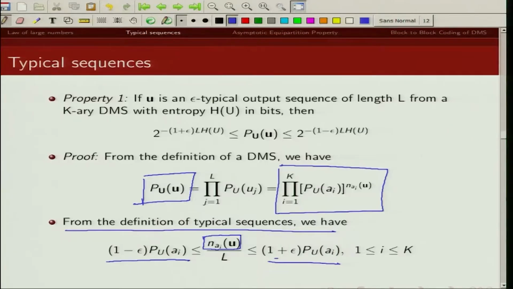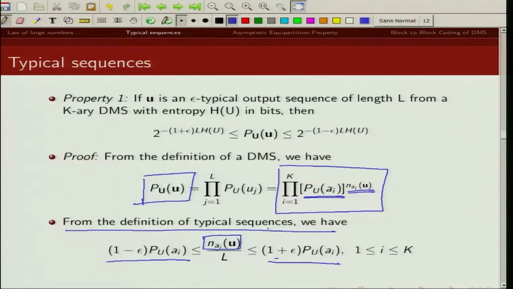Now pay close attention to terms here. This is probability of Ai. What is it? It is a number between 0 and 1. Now if you have a number between 0 and 1 and you raise it to a power which is greater than NAiU, then this term will become less, right?